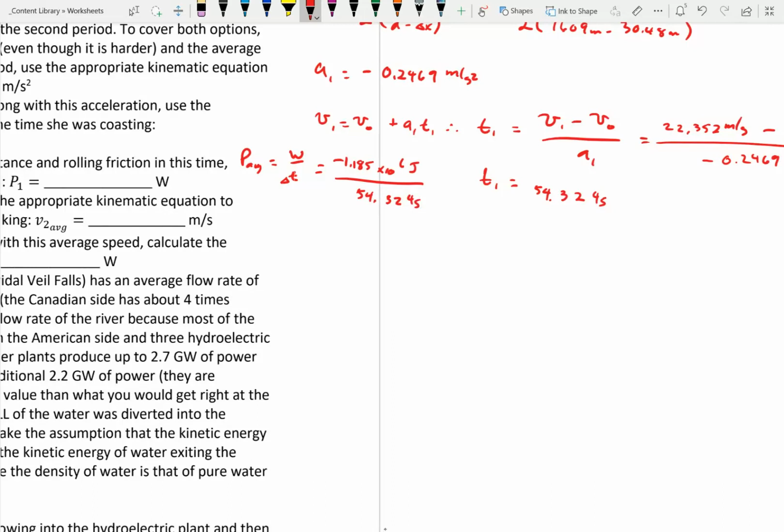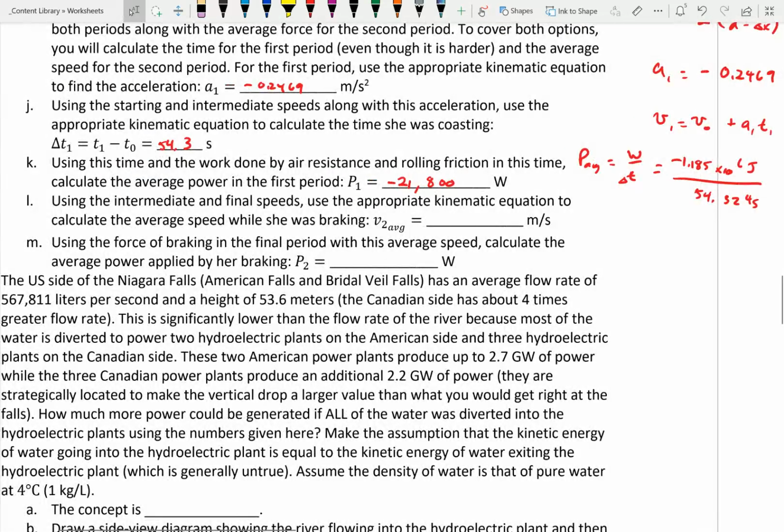And you get the power average is equal to minus 21,800 watts. So that's the power from the rolling friction.